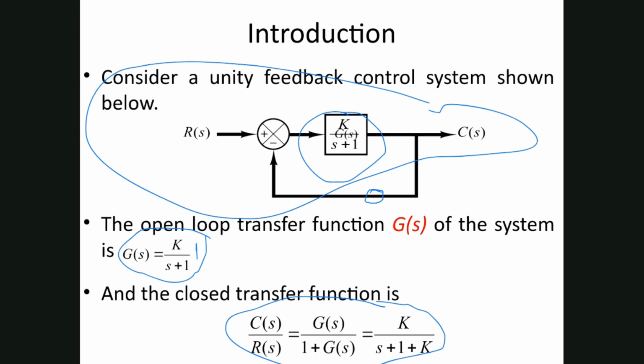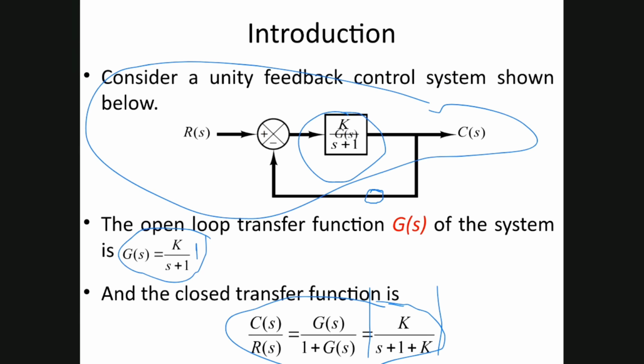Now if I ask you to find out whether the given transfer function is stable or not by the Routh-Hurwitz array, what will you do? You will take the denominator and make the Routh-Hurwitz array, and find out whether there is any sign change in the first column or not.